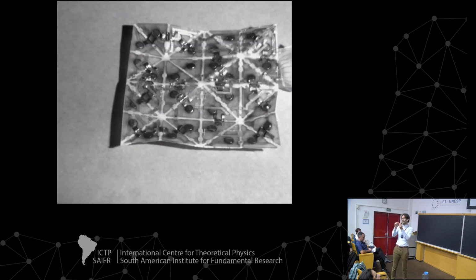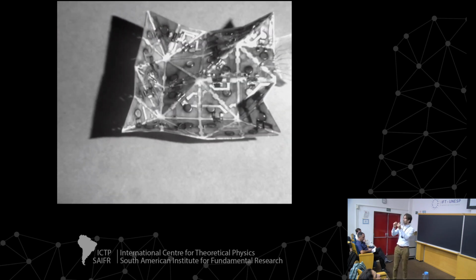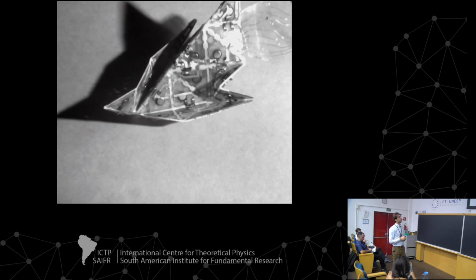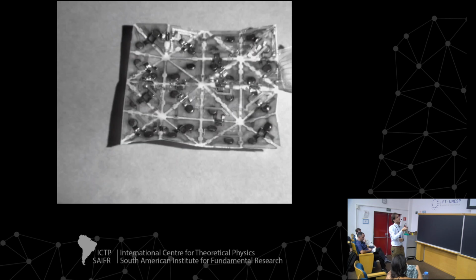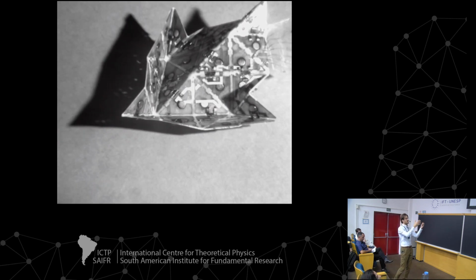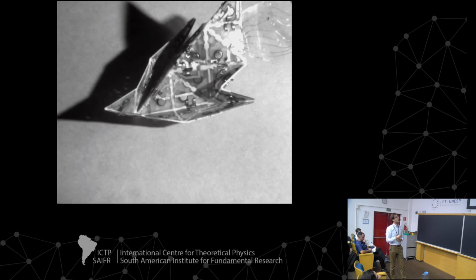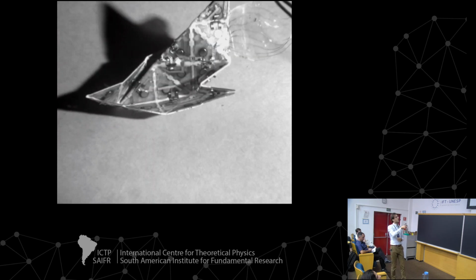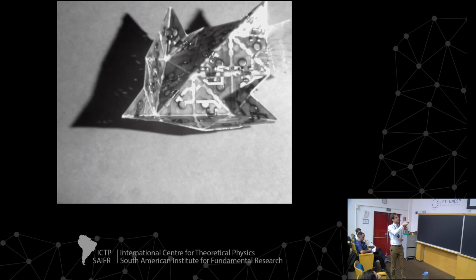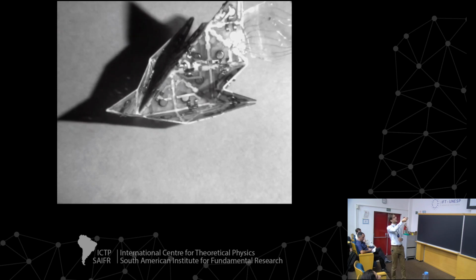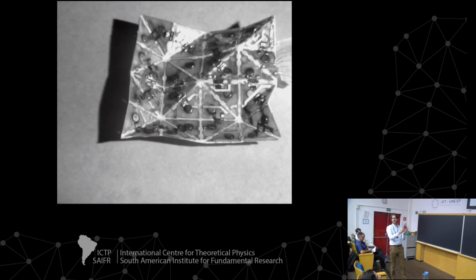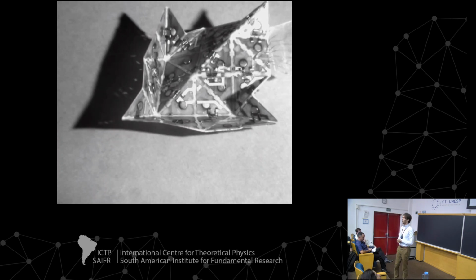These are little motors you could think of that exert torques on these folds. And these folds are programmed in this way. This is not an emergent phenomenon, but a pre-programmed one, where the order of the folds and which folds fold which way determines the final shape of the object. You might be able to see that the final shape is that of a boat, a little origami boat that you can make from a sheet of paper.